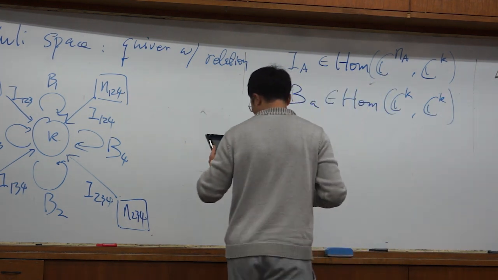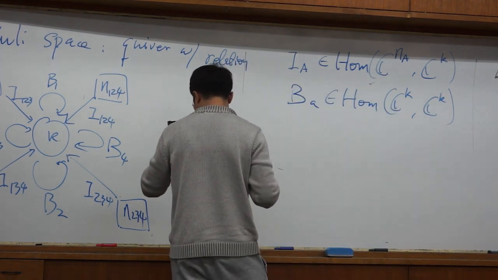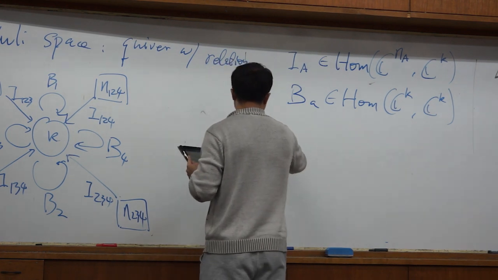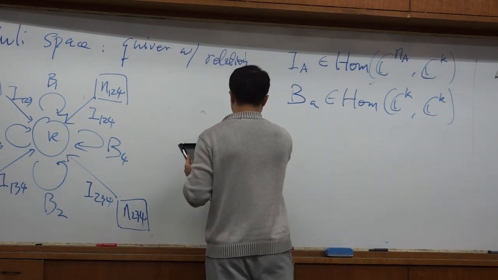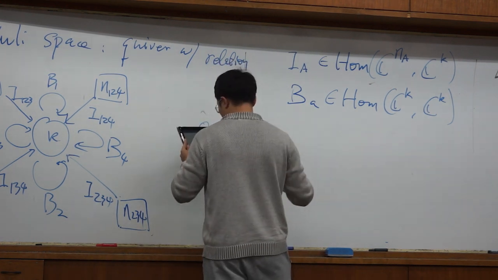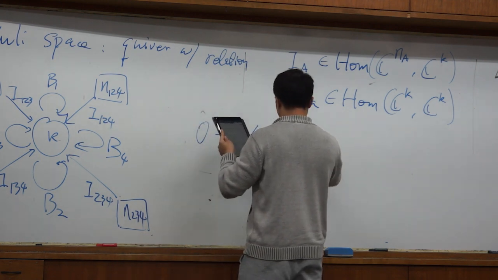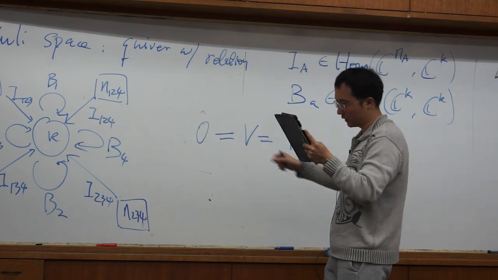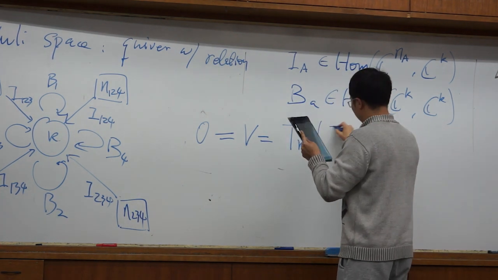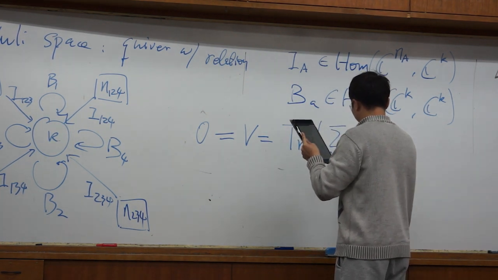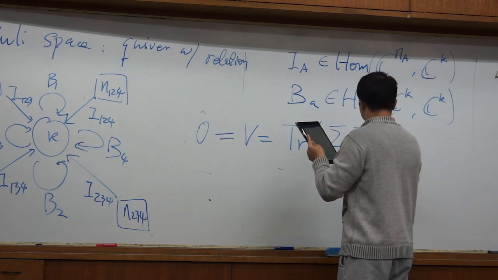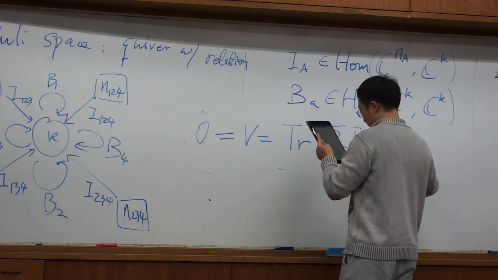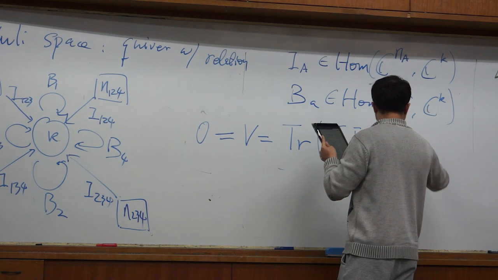Okay. And the relation is taking this potential V to be 0, which can be written here.